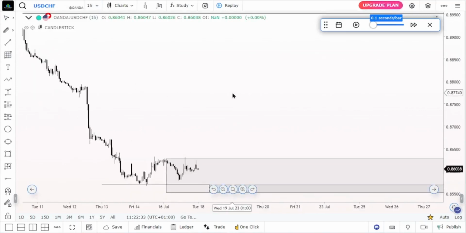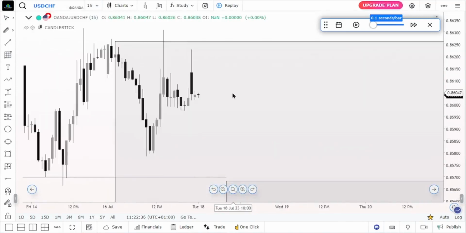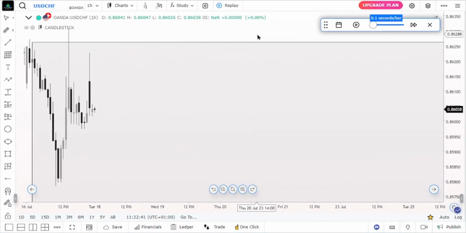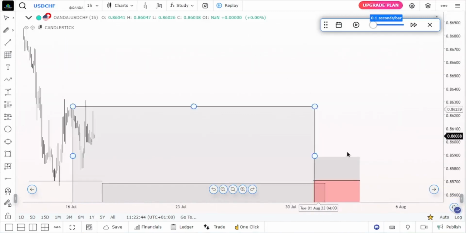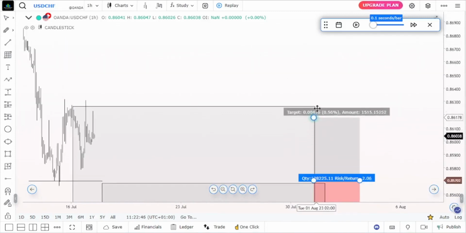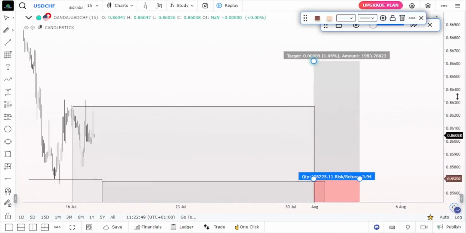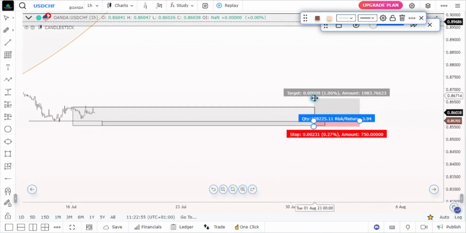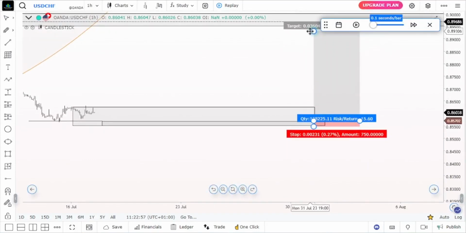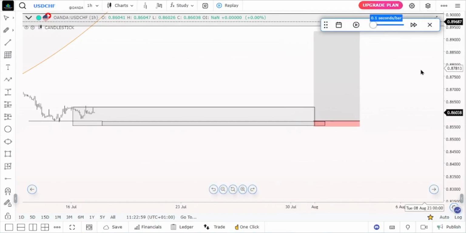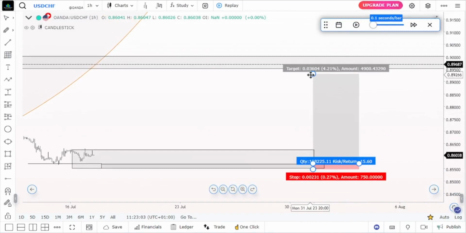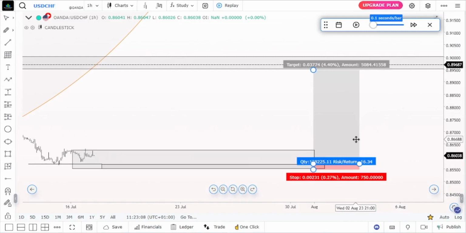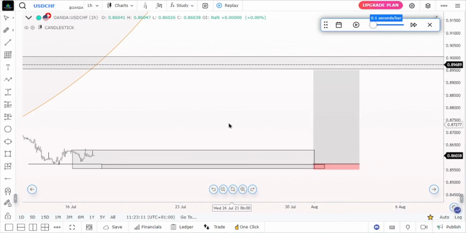So this is the 1H. We have everything set for this market. Let me reduce it very well. Let's see where our TP is. Our TP is on the daily time frame, so that's going to be our TP there. And that's going to give us 16R if it goes our way.